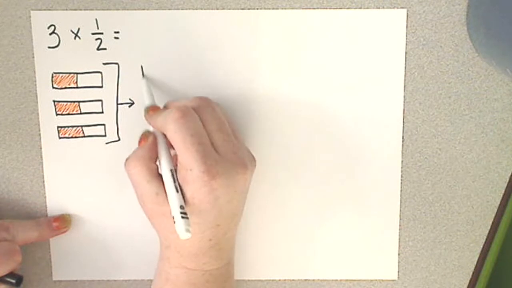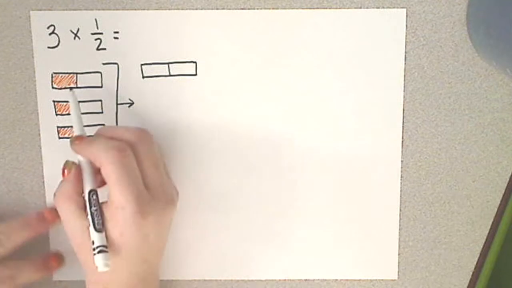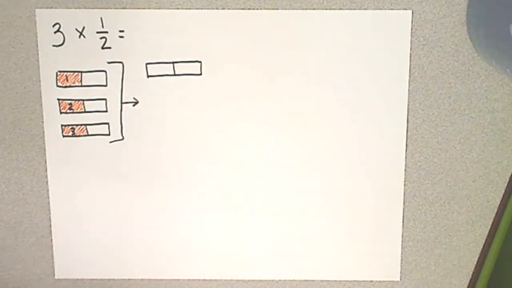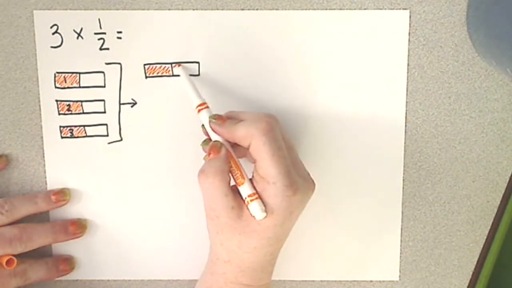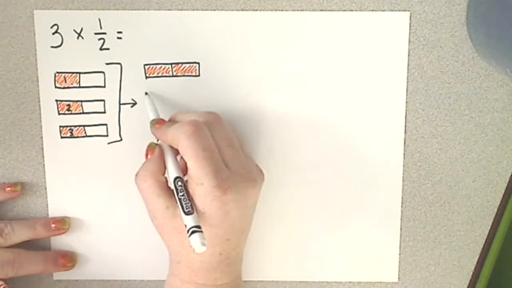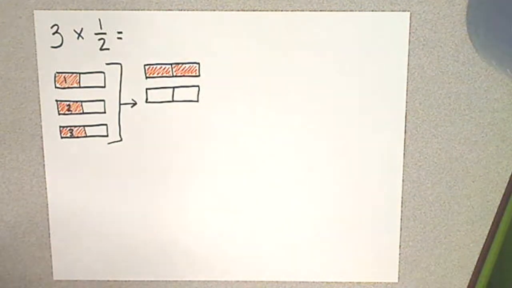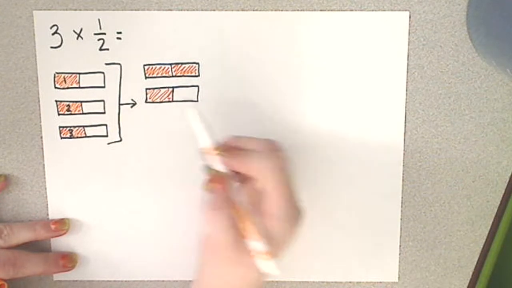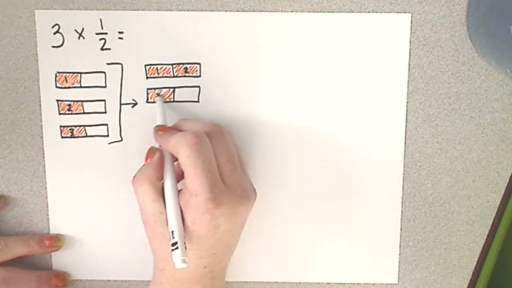So I'm going to start by drawing 1 fraction bar split in half. I have 1, 2, 3 halves. So I'm going to shade in 1, 2. I need more, so I'm going to draw another fraction bar in order to be able to color in my third half. For 1, 2, and 3.